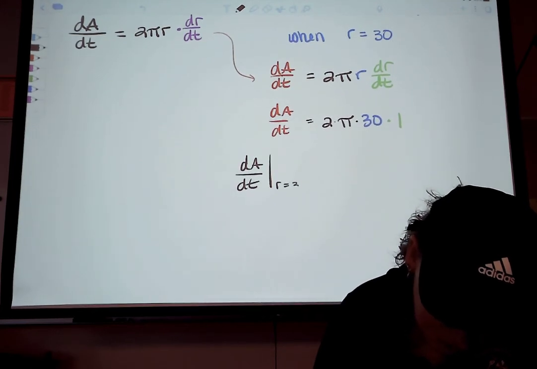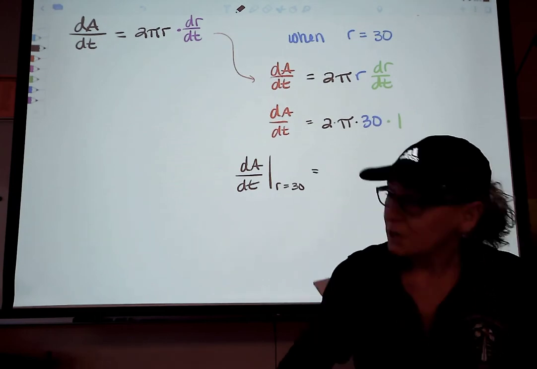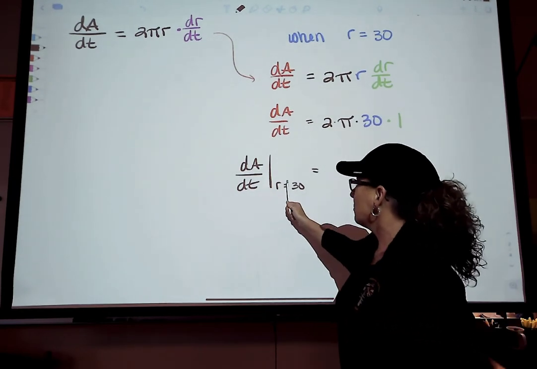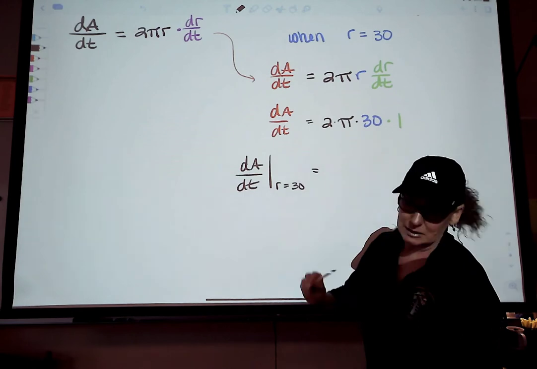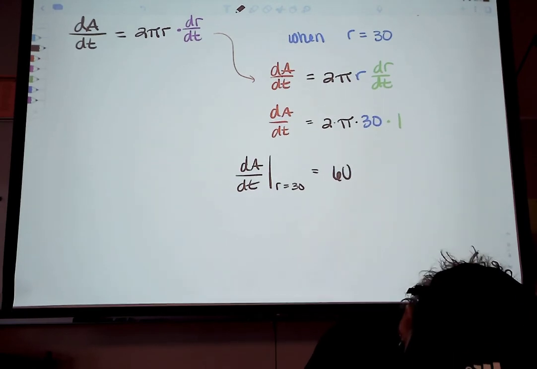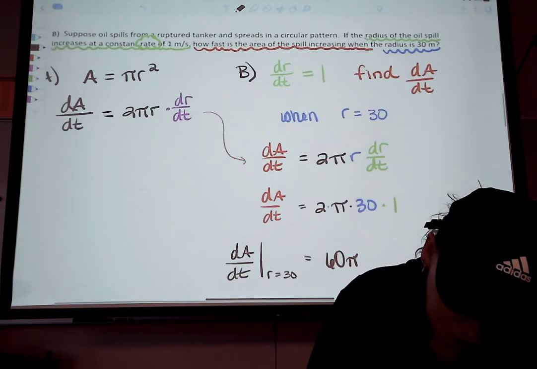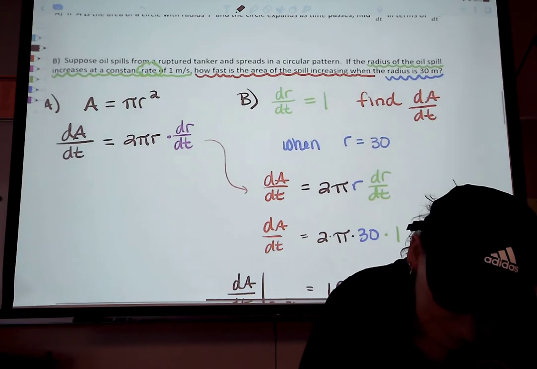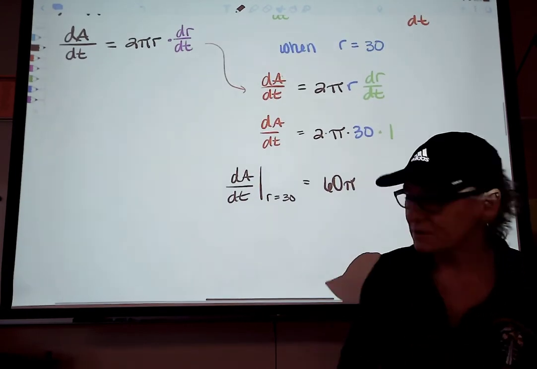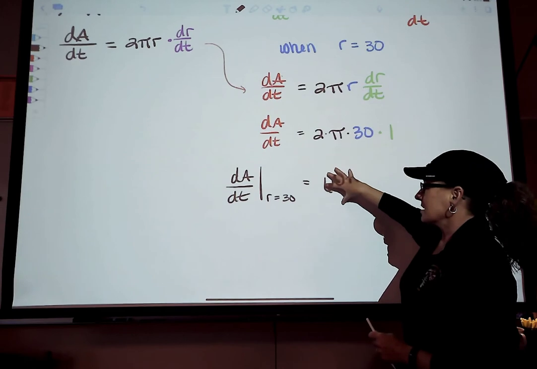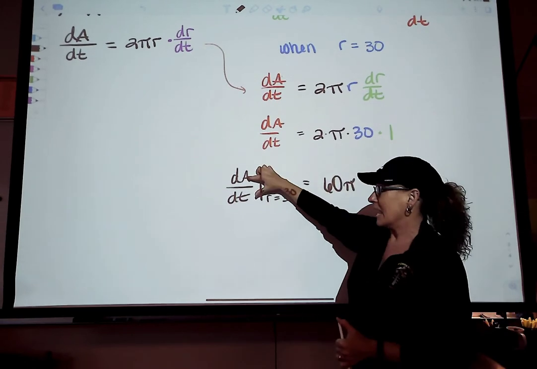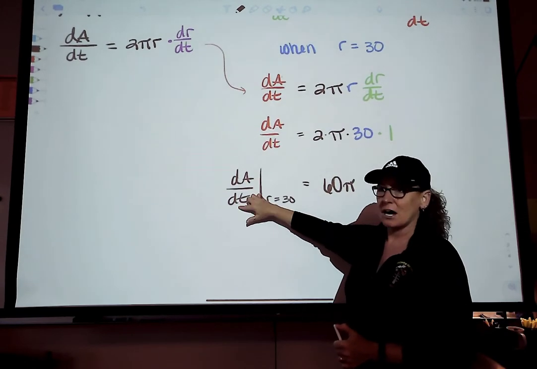I actually wrote it wrong. I'm supposed to write it like this. But anyway, dA/dt when r is 30 is going to be 60 pi. Let's put units on that: meters squared per second. So this represents how fast the area is changing per time.